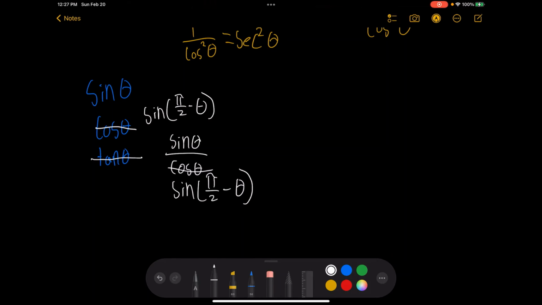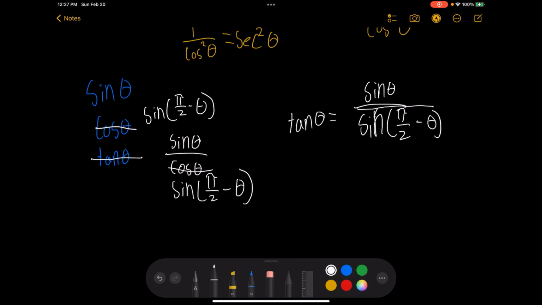The reason we use tan theta and not sine theta over sine of pi over 2 minus theta is because that looks confusing and complicated, and no one wants to deal with that. So we simplify it to cosine theta and tan theta.